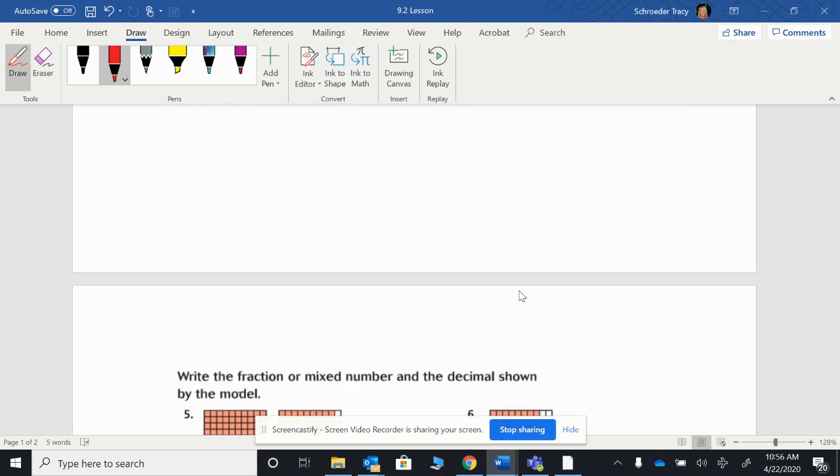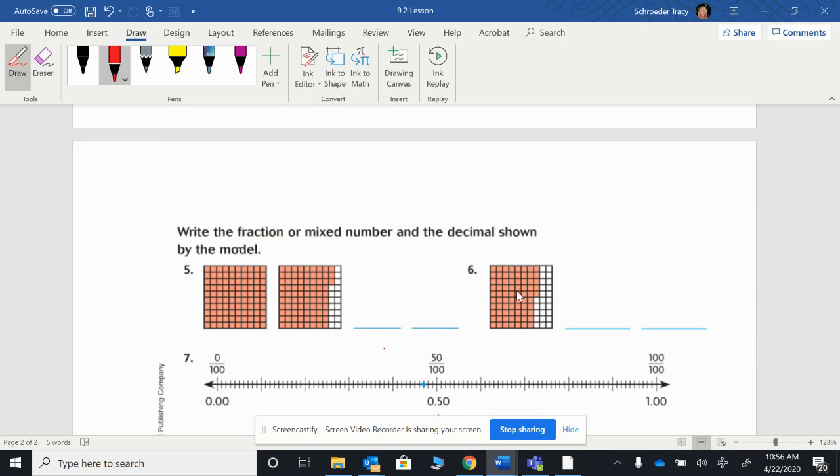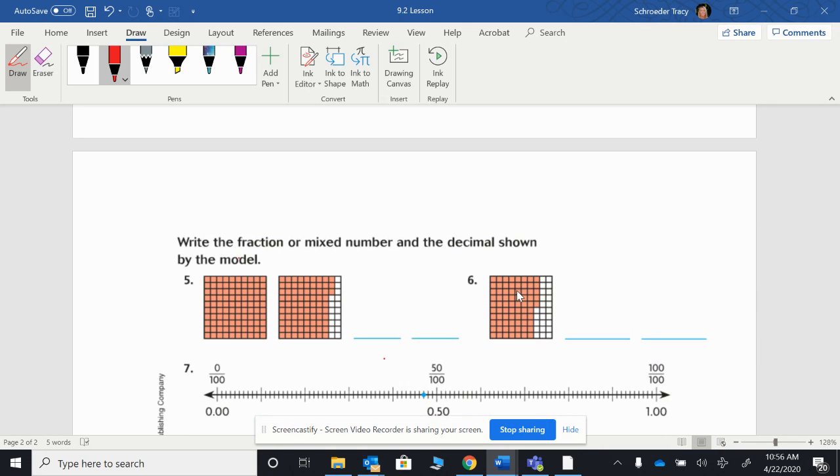This is what your practice will look like today. We're going to write the fraction or mixed number and the decimal shown based on the model. In this first model, I know that everything is out of 100, so I know that I will have a fraction out of 100. And I know as a decimal, I will have the place value to the hundredths place.